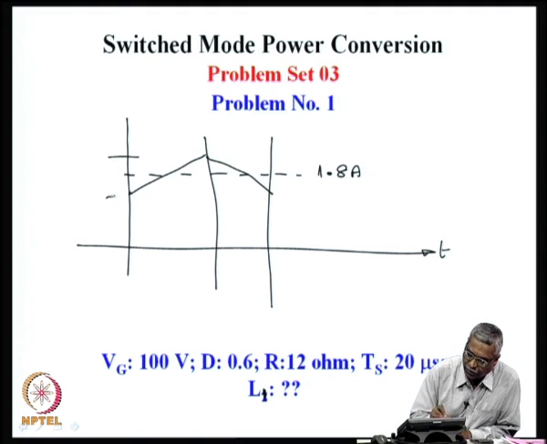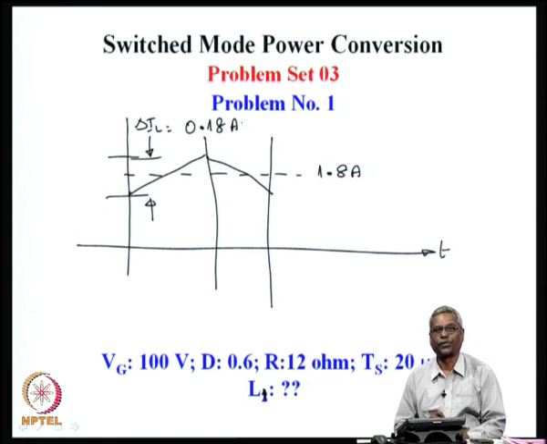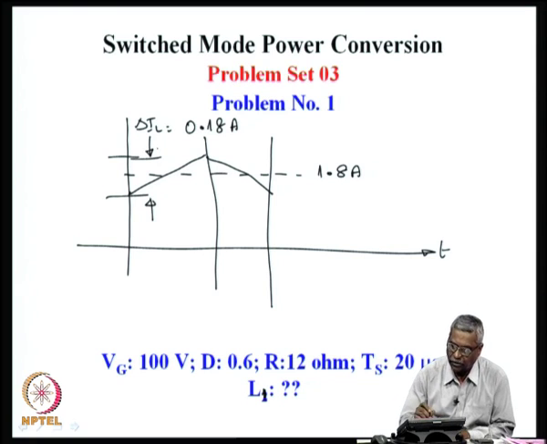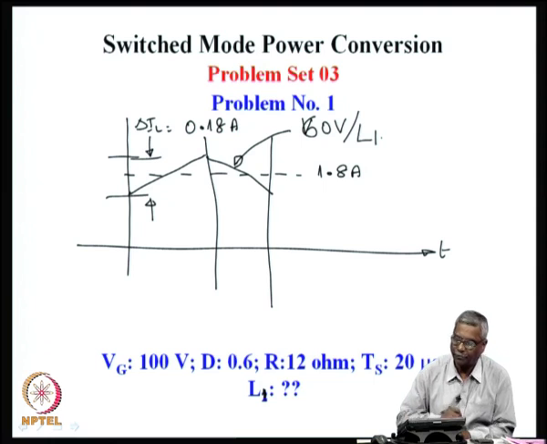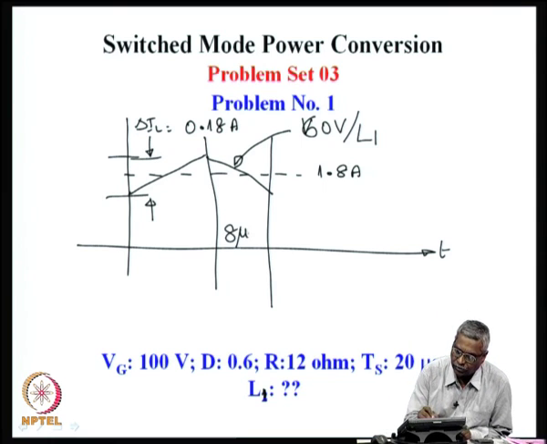So, we might put a condition that this delta IL is 10% of that, which is 0.18 amperes. If delta IL is 0.18 amperes, then during the off time the inductor faces a voltage of 60 volts and inductor value is L1, 60 volts divided by L1, and duration is 8 microsecond.